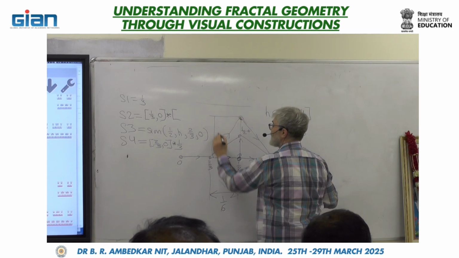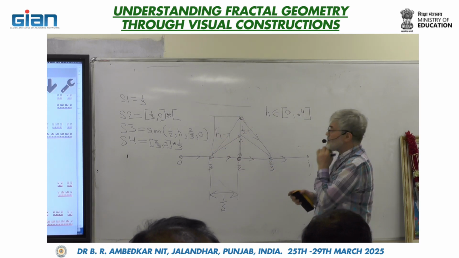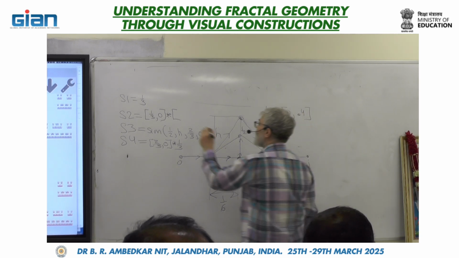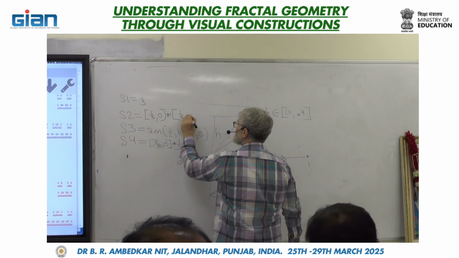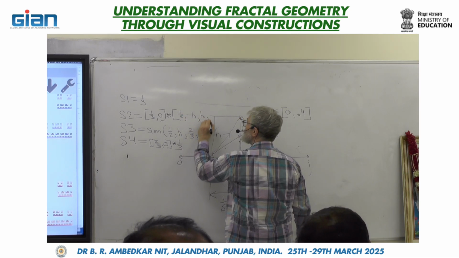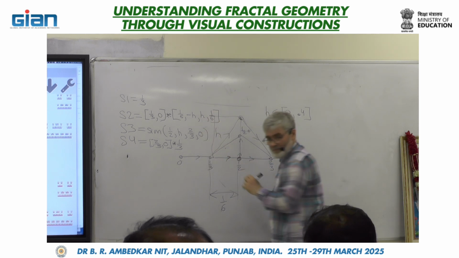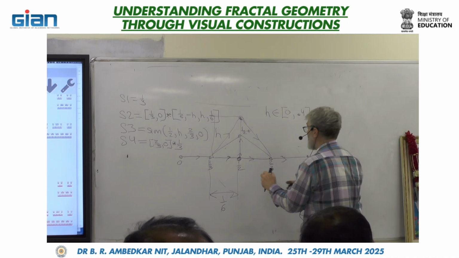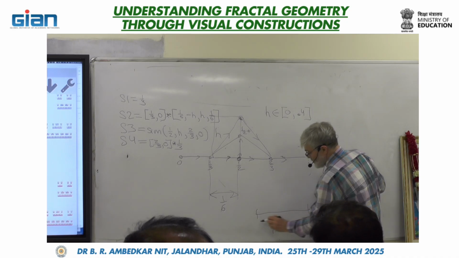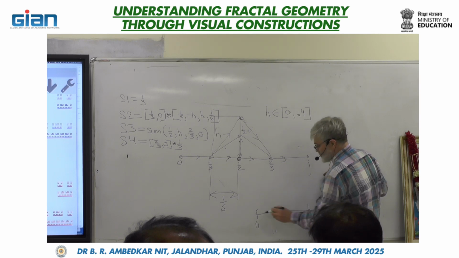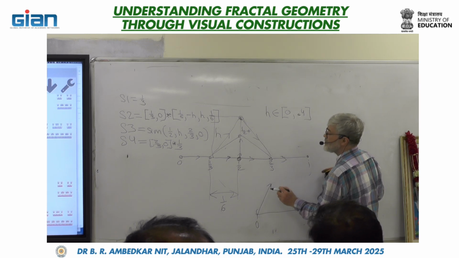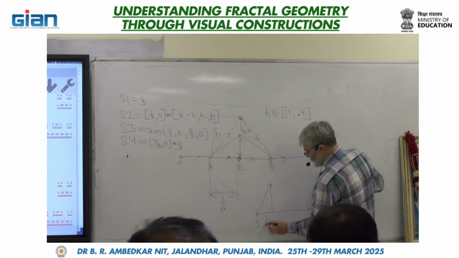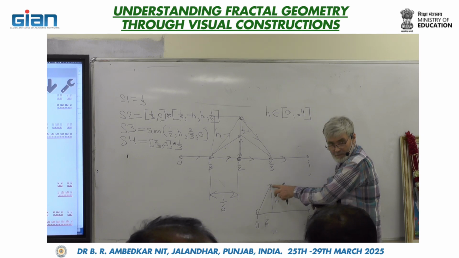And this difference is h, right? Therefore, the matrix will be 1/6, minus h, 1/6. The matrix which takes the interval 0, 1 to the interval with coordinates 1/6 and h is the following.